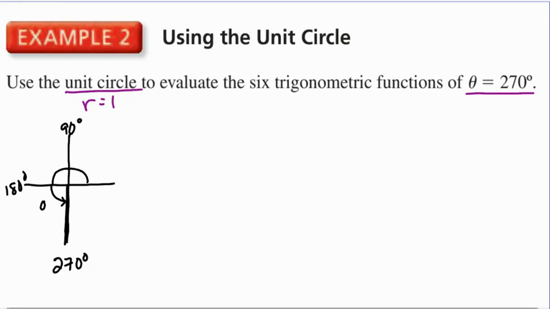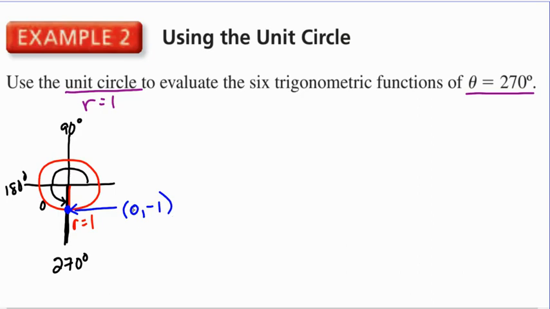Okay, so if we think about a unit circle with a radius of 1, r equals 1, that means that this point right here on the negative y-axis is going to have coordinates of 0, negative 1.